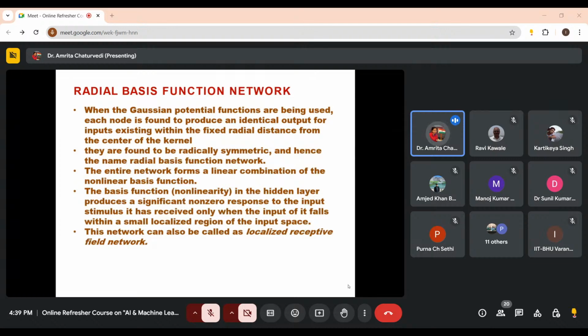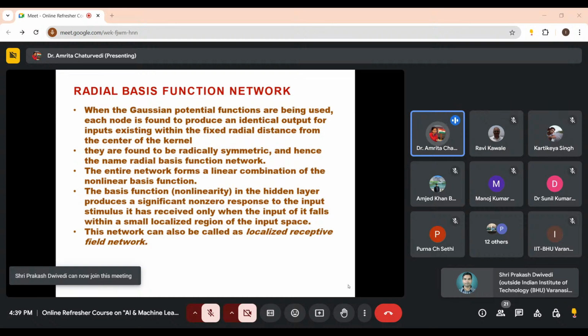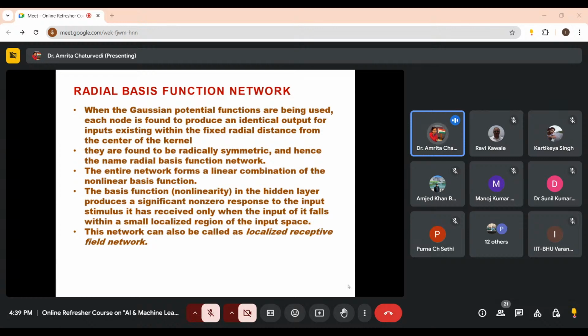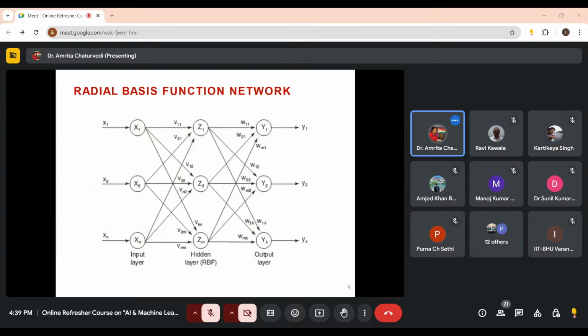The entire network forms a linear combination of the non-linear basis function, and the basis function in the hidden layer produces a significant non-zero response to the input stimulus that it has received only when the input falls within a small localized region of the input space. So this network can also be called the localized receptive field network.